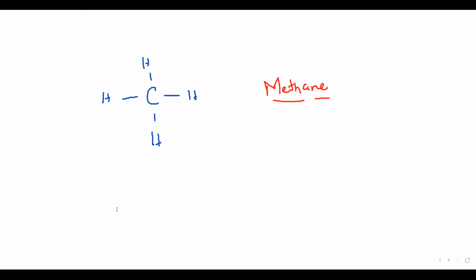Sometimes in the question the name is given, say propene, and you have to draw the structure. So from the structure they can ask for the name, and from the name you should be able to draw the structure. Prop means three carbons, so 1, 2, 3. First we draw the number of carbons, and then ene means there should be a double bond.